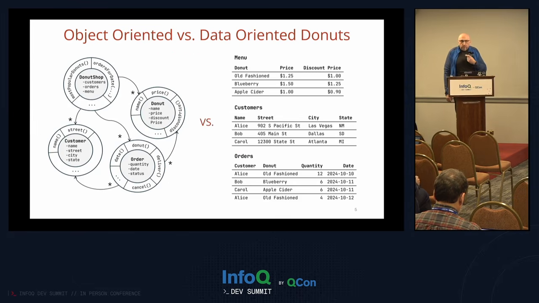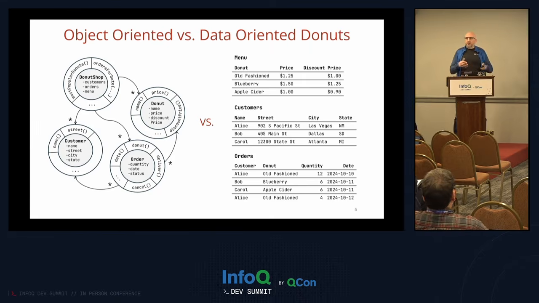But to make it a little more concrete, let's look at this distinction between the object-oriented and data-oriented approach in a particular domain. This domain is a donut shop, and this shop sells donuts and ships donut orders to customers. We'll be using this domain throughout the presentation.